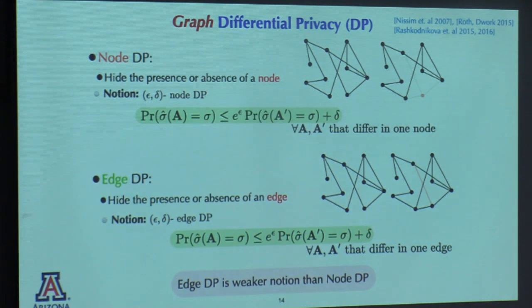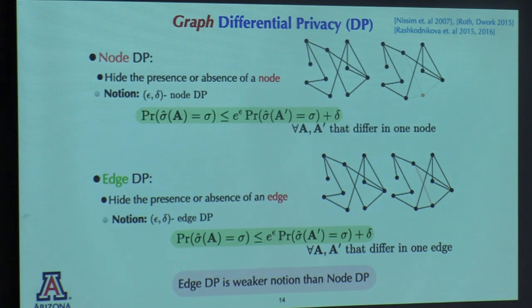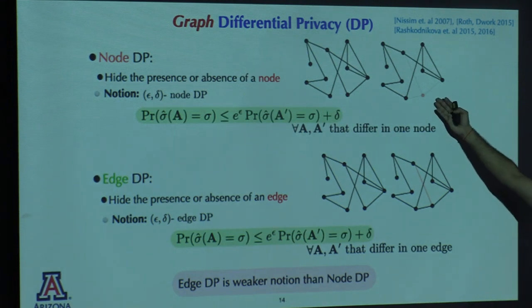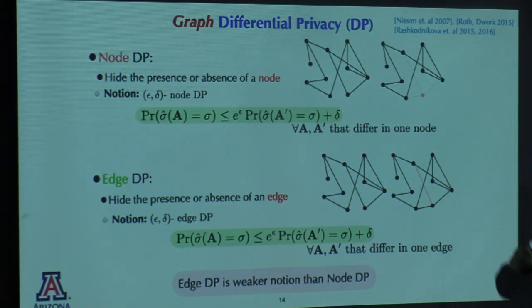Yes, questions. So here, when removing the nodes, the vectors sigma hat of A and sigma hat of A prime have different lengths. Correct. They are still of different length, but you can still output an estimate for that. We don't do node DP in our work; we actually do edge differential privacy.